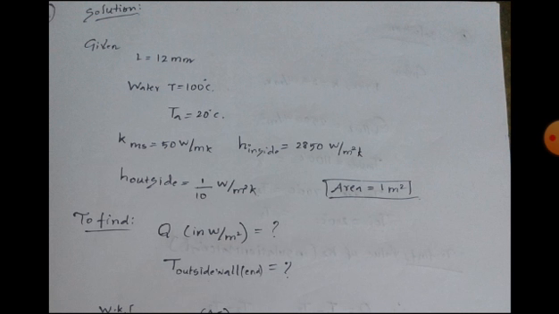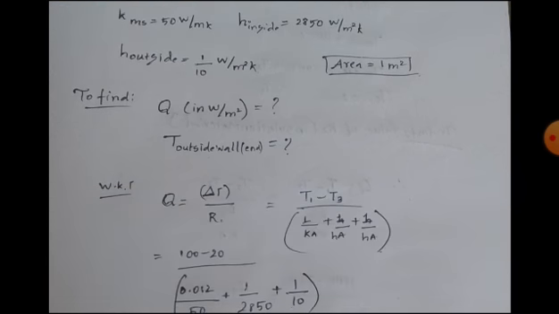Therefore the area in this question will be taken as 1 meter square. That's why I had written here 1 meter square. To find the outside surface temperature, the wall's outside temperature.